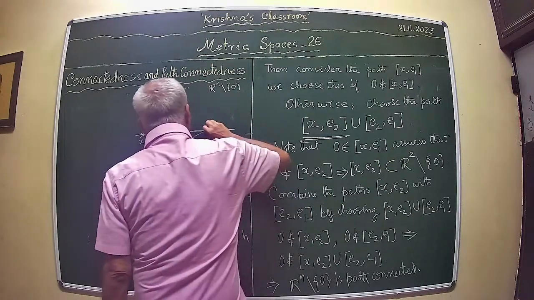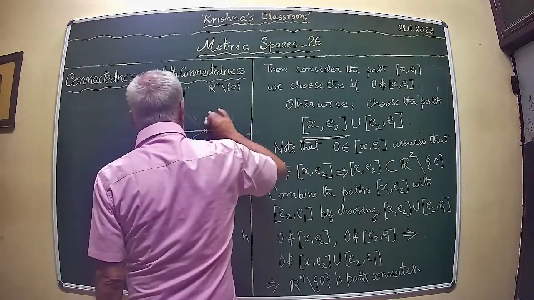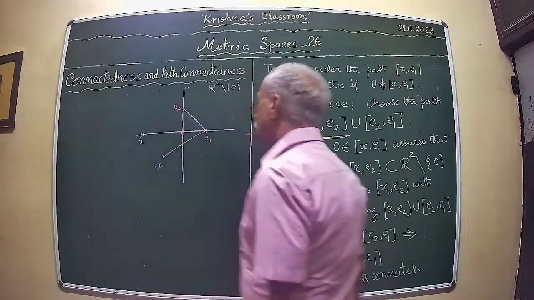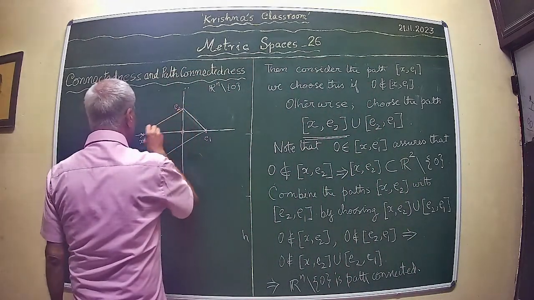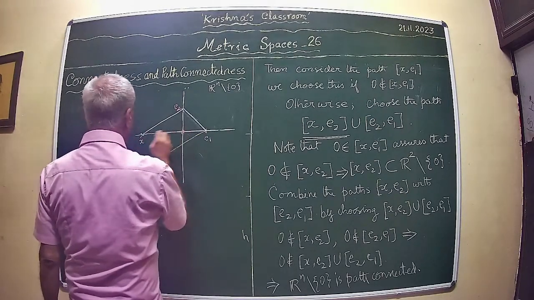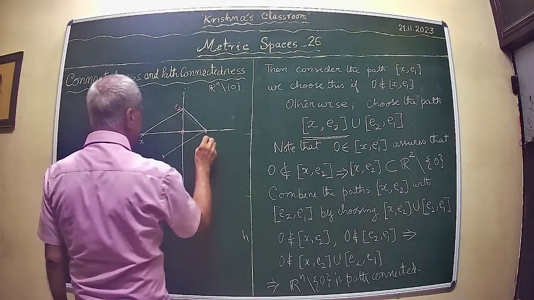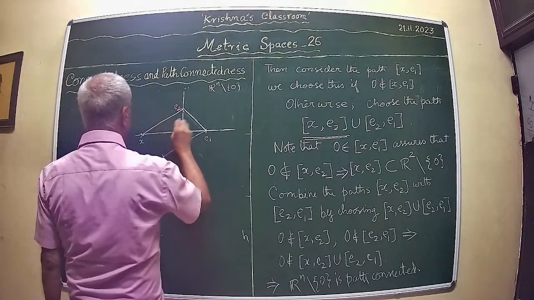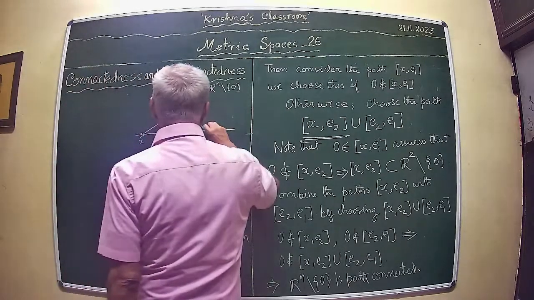Choose the path from E1 to E2, the segment E1 to E2, and then from E2 to X. See, if 0 happens to be on the straight line segment joining E1 and X, then it cannot be on the line segment joining E2 and X. This does not carry 0.